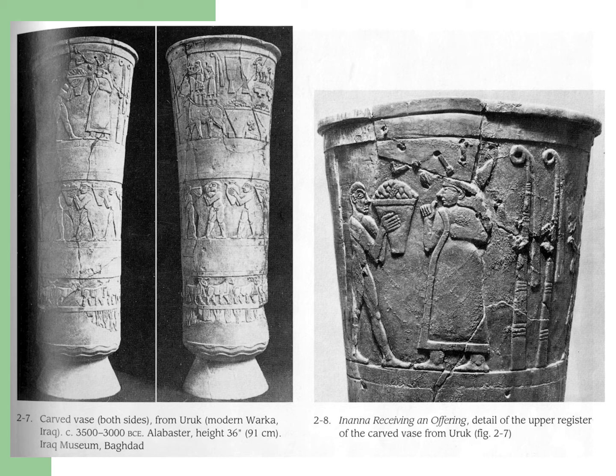You can see represented here in the detail on the right a picture of the goddess Inanna receiving an offering, right? And this is metaphorically what is going on in this structured system of the populations, not just of the city itself, but of the surrounding areas, offering their tribute to the temple.